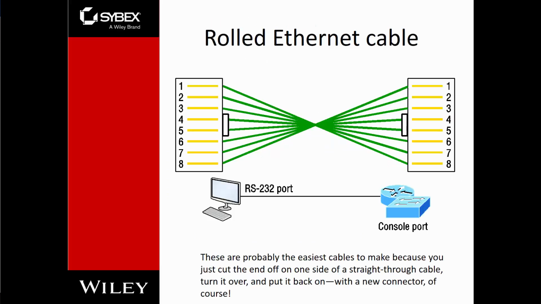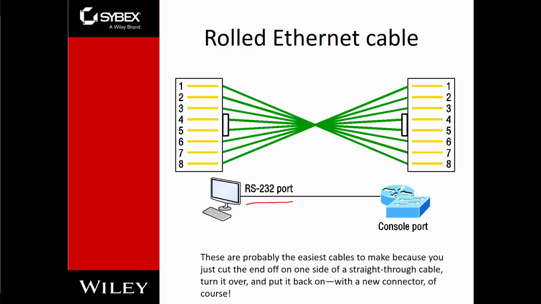A rollover actually rolls over so that 1 on one side is 8 on the other, 2 is 7, 3 is 6, and so forth. But normally, this is just a dedicated cable. On one side, it's a serial or RS-232, and on the other, it's an RJ45.